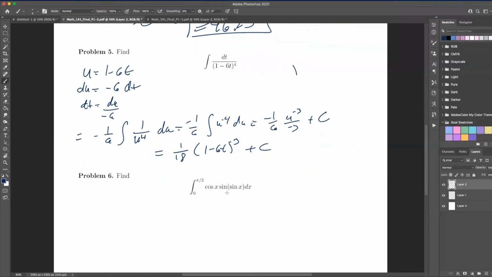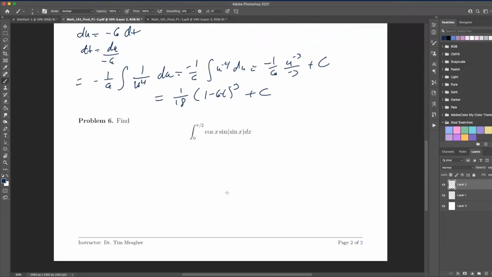All right, so let's do the next one. All right, so here, this looks like a big mess, and I wanted to do at least one thing with sines and cosines, and this one looked like the worst one I could find. Just to be honest with you guys. Here, so what am I going to choose?